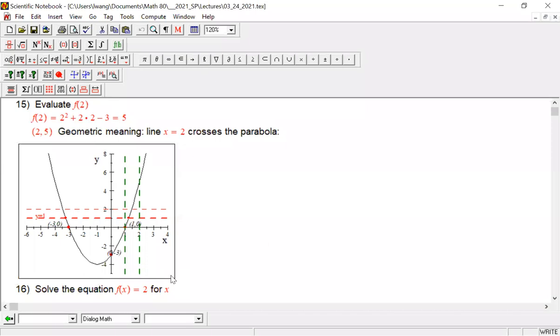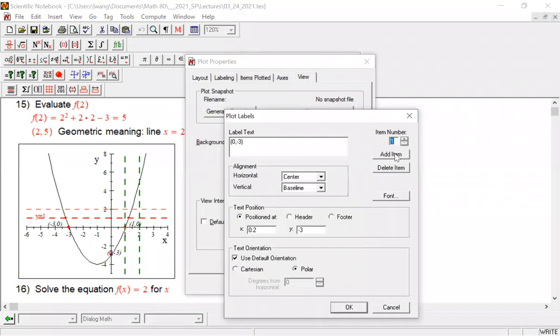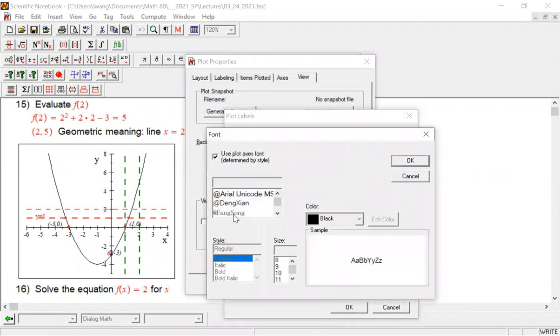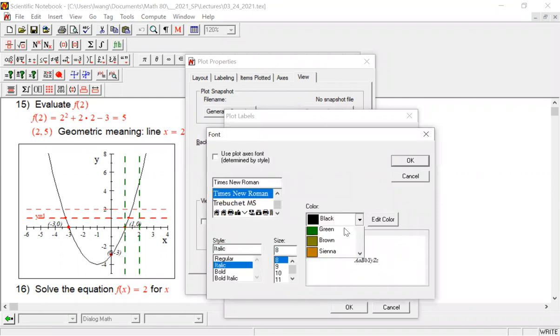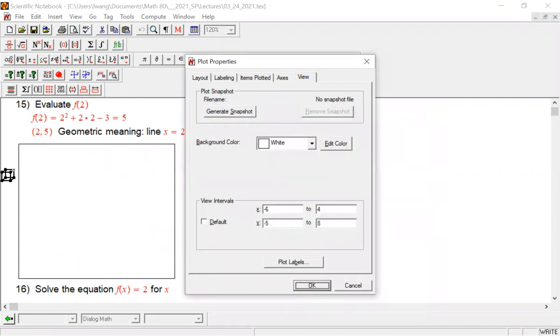The next one we're going to mark is y equals 2. I'm going to put it at -4, 2, and red. It's very important that you mark these correctly, because it helps with understanding.